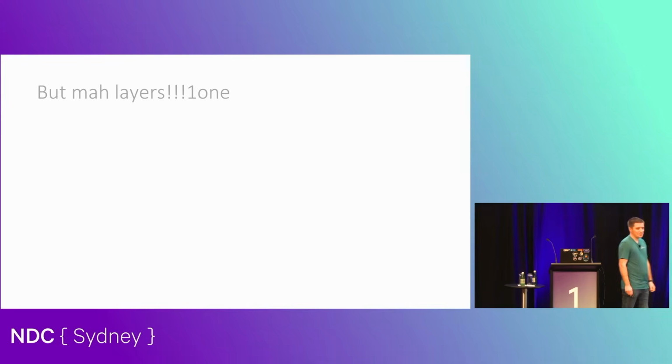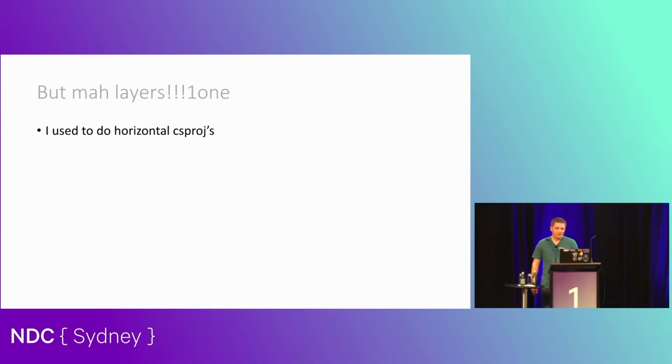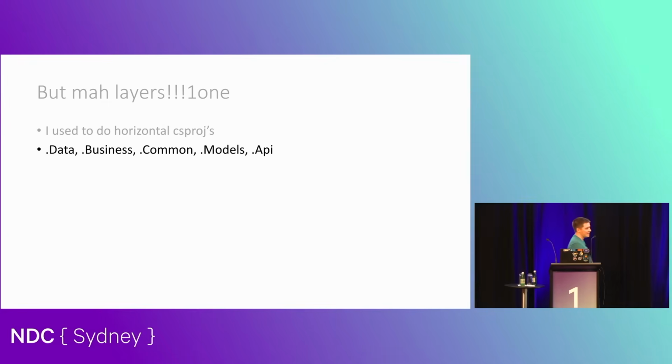Now, you have some people who will be like, but what about my layers? I've got these horizontal layers, what do I do now? Well, I used to do horizontal C# projects. So I used to have the data project, the business project, services, repository, common that you just shoved random stuff in. But now, for the most part, I just do two projects.